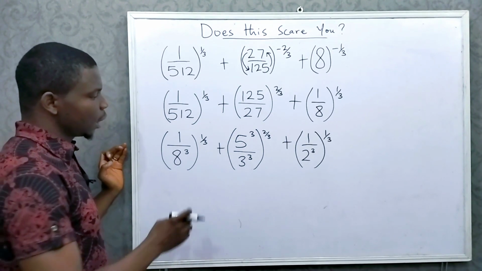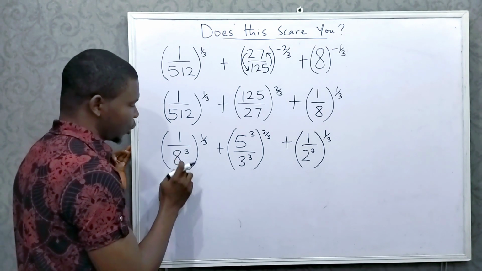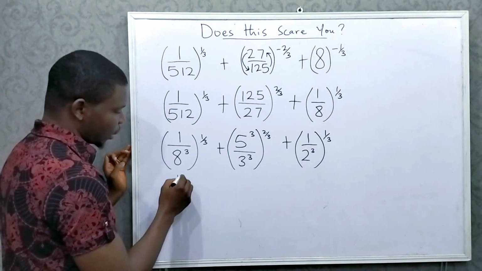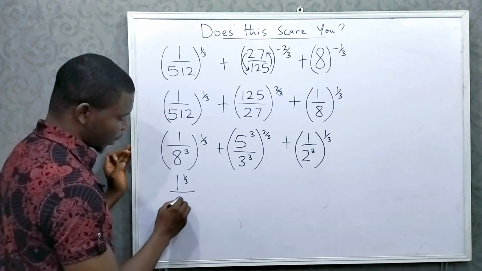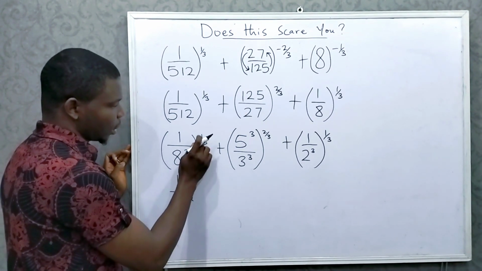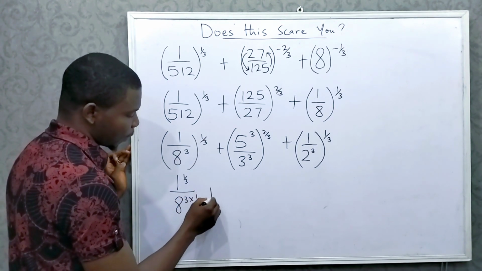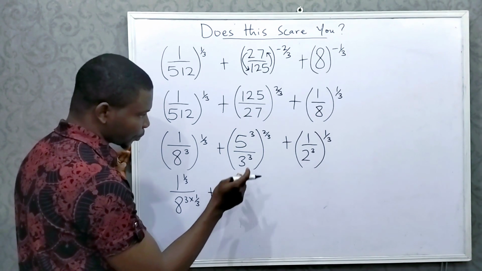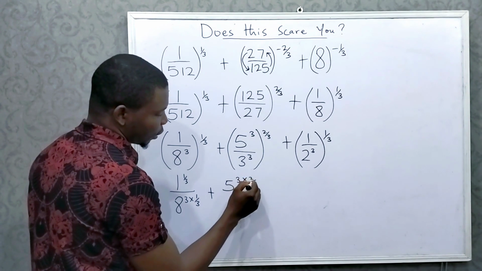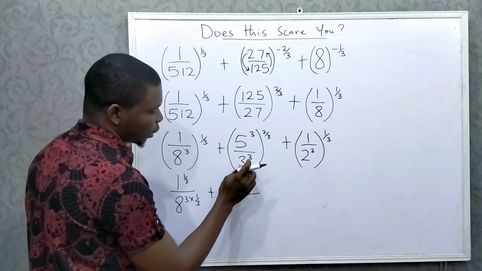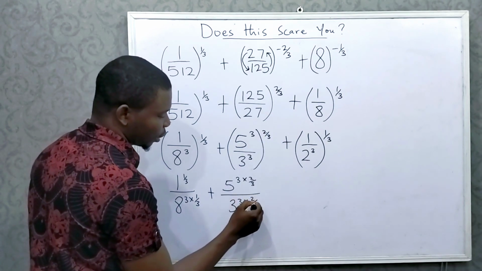Good. Now, you know, these powers are for both the numerator and the denominator. So I can rewrite this as 1 raised to power 1 over 3 over 8 raised to power 3 times 1 over 3, this power is also for the denominator, okay? Then plus 5 raised to power 3 times 2 over 3, then over 3 raised to power 3 times 2 over 3, okay?